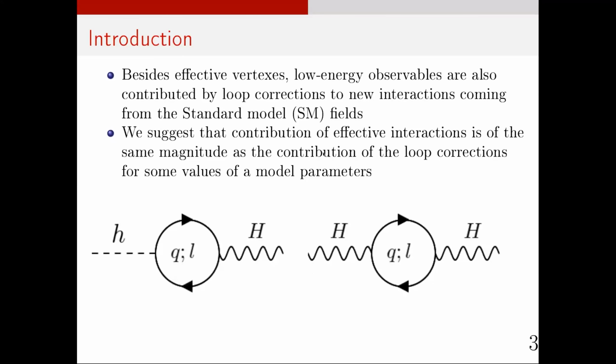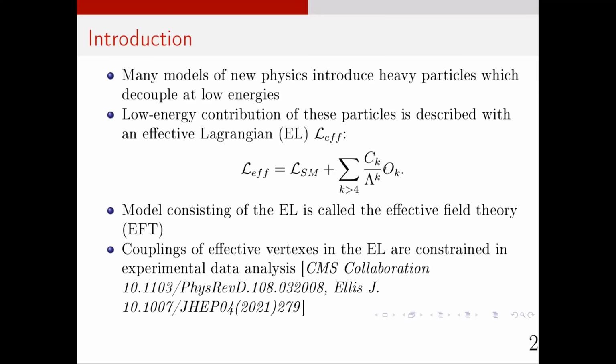We know that contributions of these effective vertices, of these effective operators, to the observables or cross sections of scattering experiments are very small because lambda is often very big.